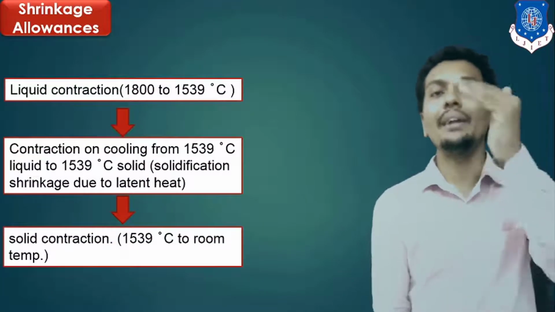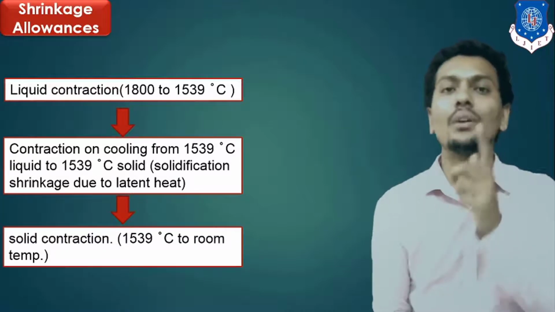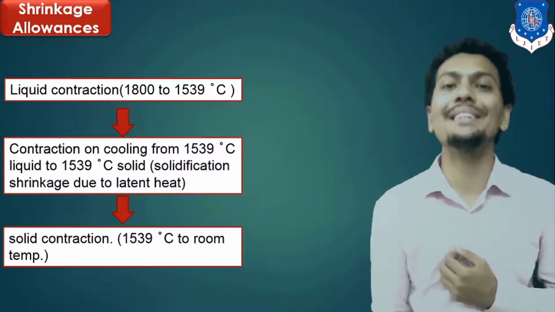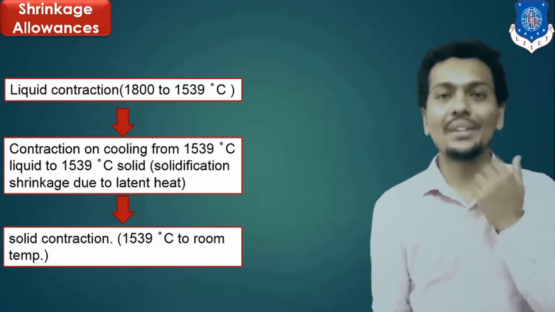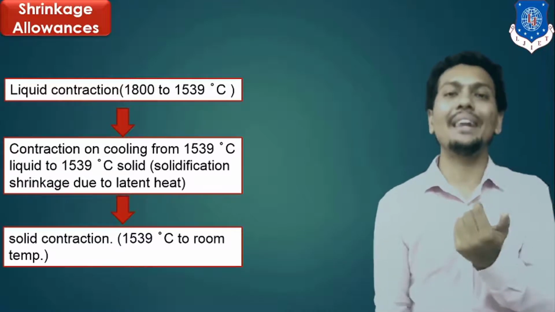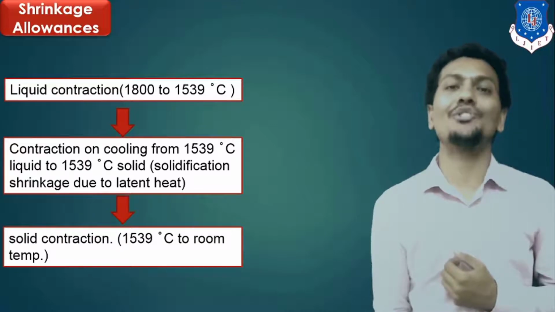From 1800 degrees Celsius to 1539 degrees Celsius, there will be liquid shrinkage. After that there is a latent heat part, where there is also shrinkage or contraction.